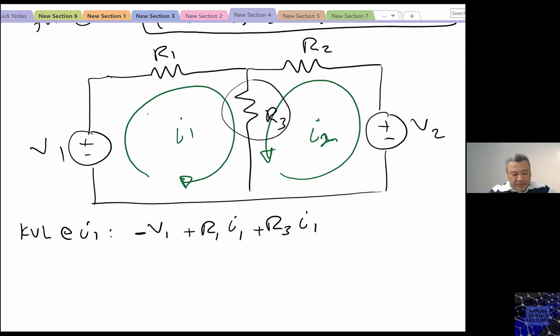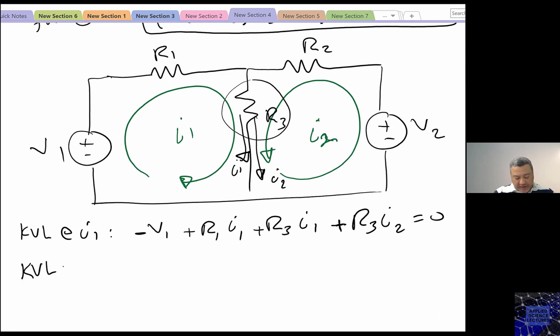So I1 is going this way. I2 is also going this way. And in this case, because they are in the same direction, then I will add them. R3 I2 equals to 0.